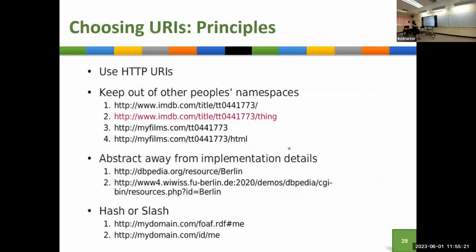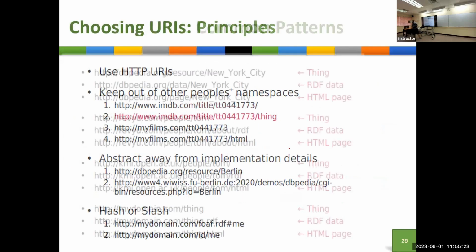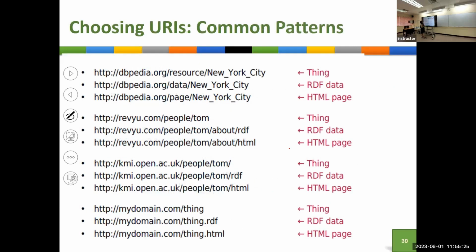And DBpedia has its own standardization to do this. First, the resource or the thing will have this format of the URI. Everything will be under resource, and then a unique name after resource slash.